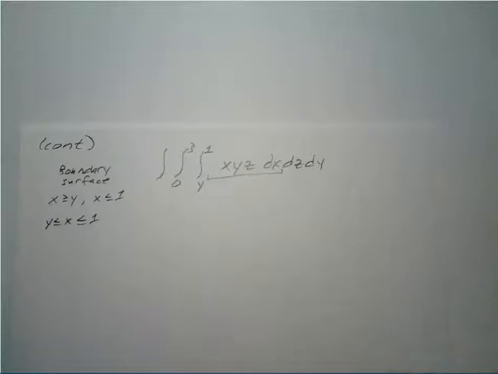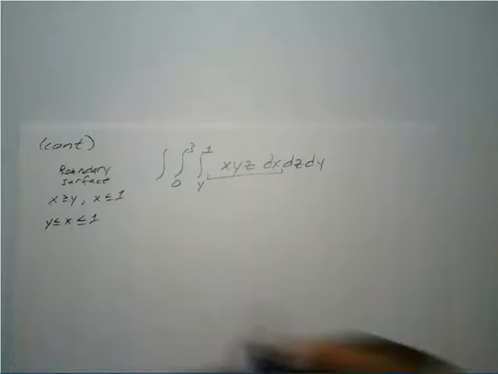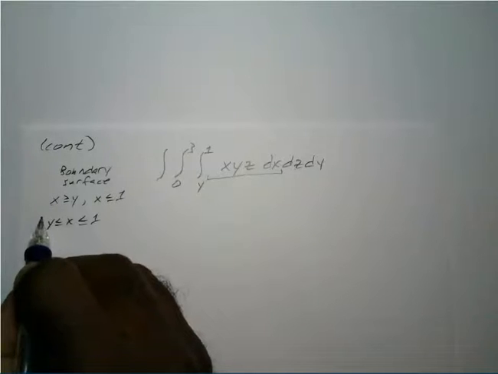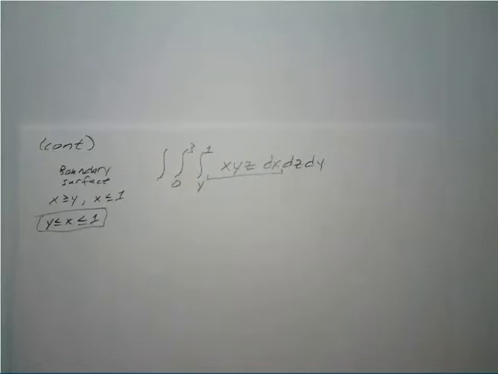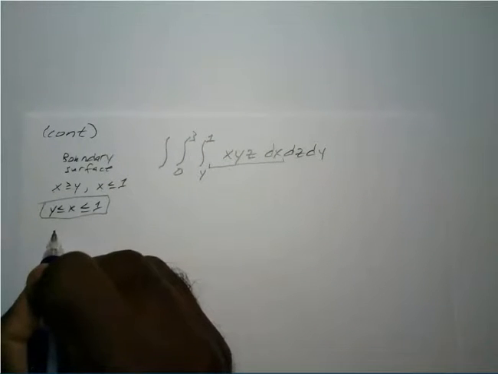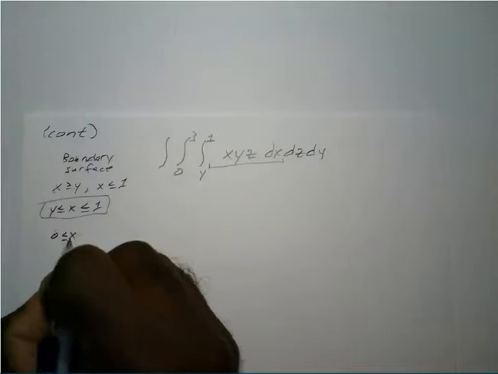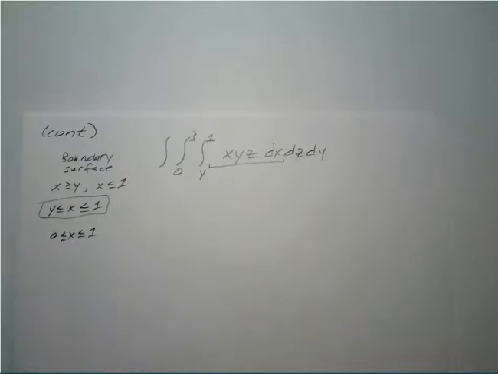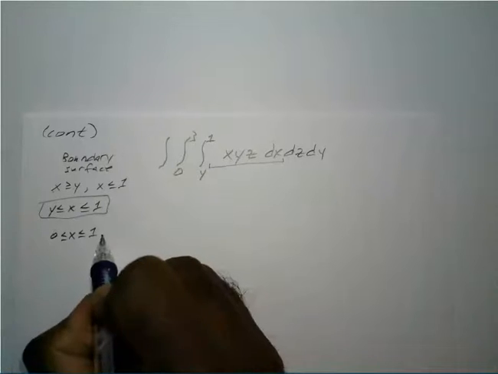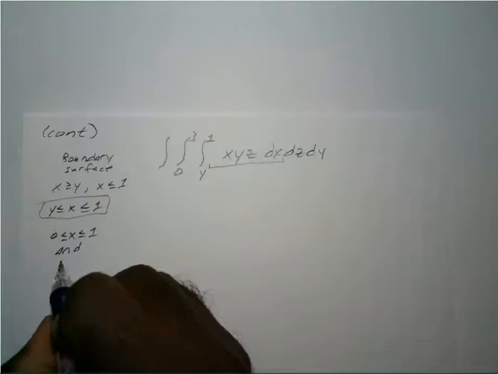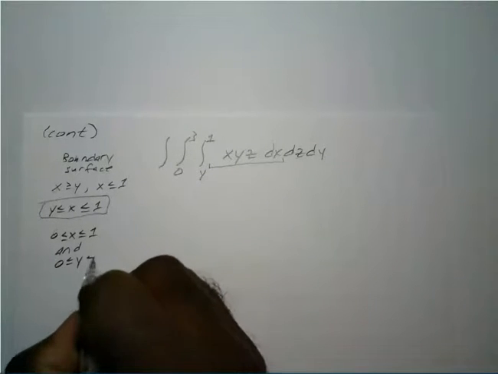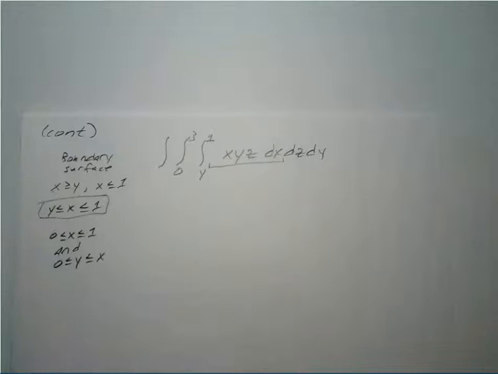So we see here for our y, we can circle that one: 0 less than or equal to x less than or equal to 1, and 0 less than or equal to y less than or equal to x.